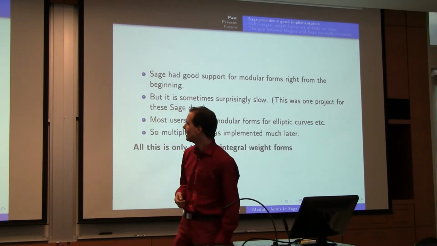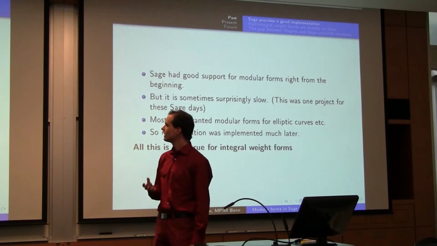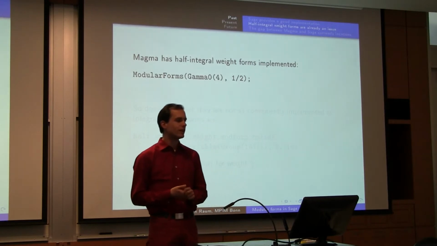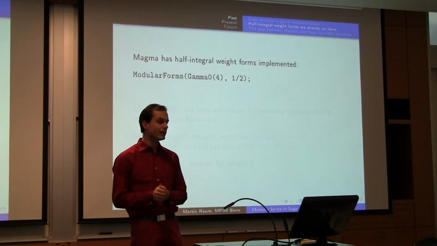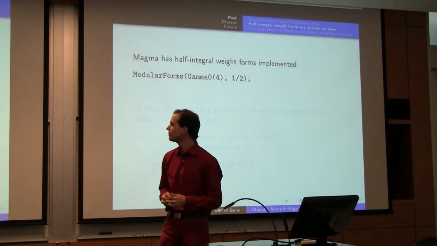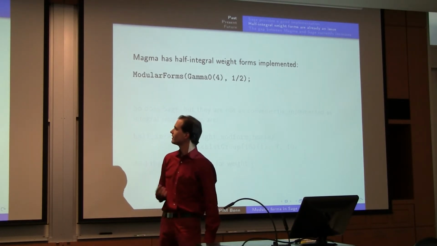That's very good. But this situation is only like that for integral weight forms. For half-integral weight forms, we do have Magma, which I think everybody concerned with half-integral weight forms will mostly use because it's really easy.